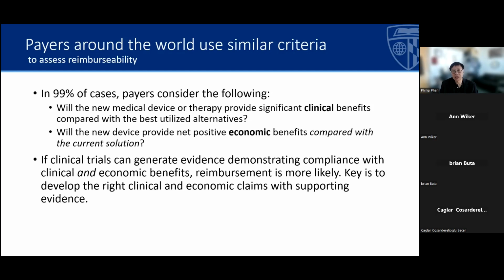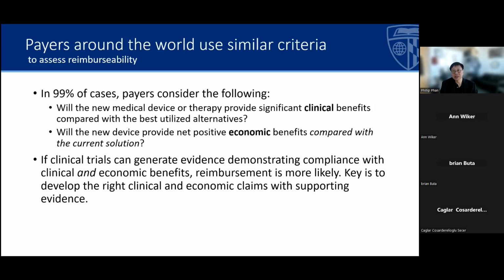The second dimension, which the FDA doesn't necessarily care about as much, is this issue of the net positive economic benefit, right? So is it more cost effective than the current solution that is currently out there?